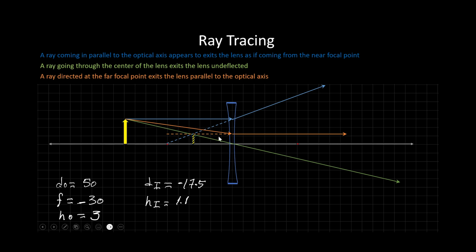A ray going through the vertex will continue going through the vertex, or the center of the lens. These three rays do not meet on the other side of the lens, but if we project them backwards, they meet over here, and it appears as if the object is over here.